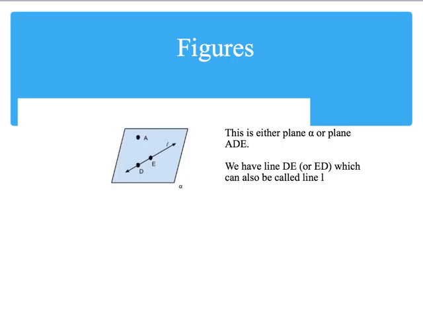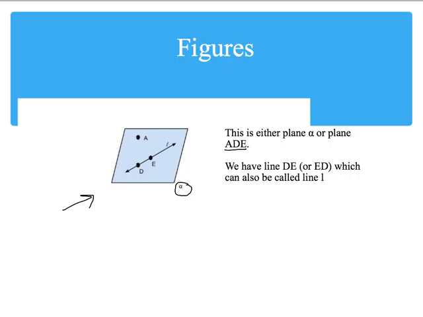Here's a more formal picture that gives you an idea of some of these representations. So for this plane, I could either refer to that plane as alpha, since it's got the alpha symbol in the bottom right-hand corner, or I could just call it plane ADE, all capital letters because they are points in the plane.